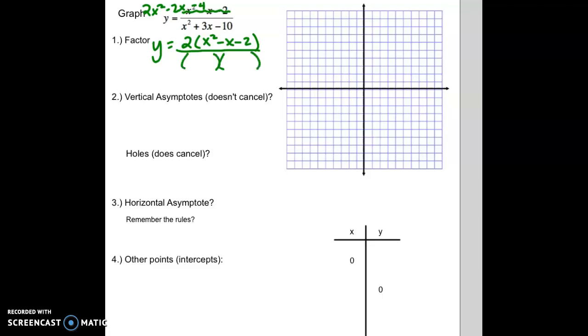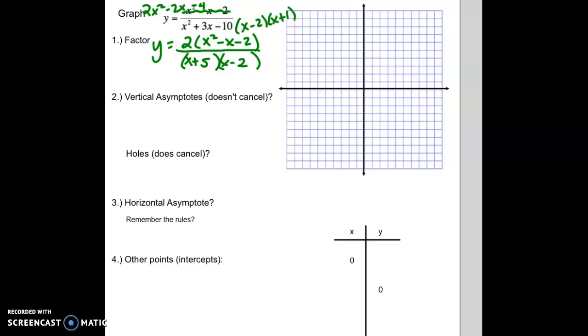That will factor into x and x, multiplying to be negative 10 and adding up to 3, which would be positive 5 and negative 2. And let's factor that numerator a little bit further. We can take that x squared minus x minus 2 and factor it into x minus 2 and x plus 1.